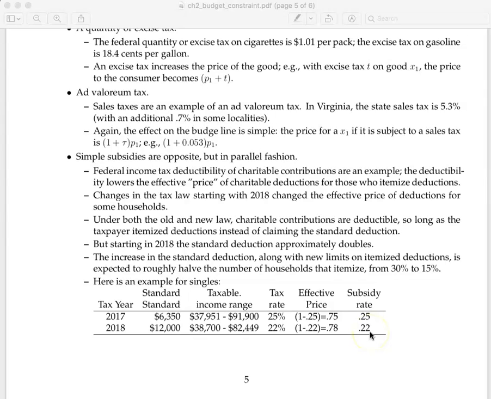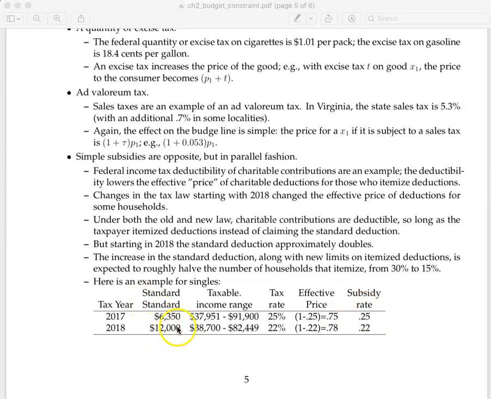I also want to point out, take the case of somebody where they have total itemized deductions, again, in both years, somewhere between these two numbers, 6,350 and 12,000. Well, in 2017, their subsidy rate would be 0.25.